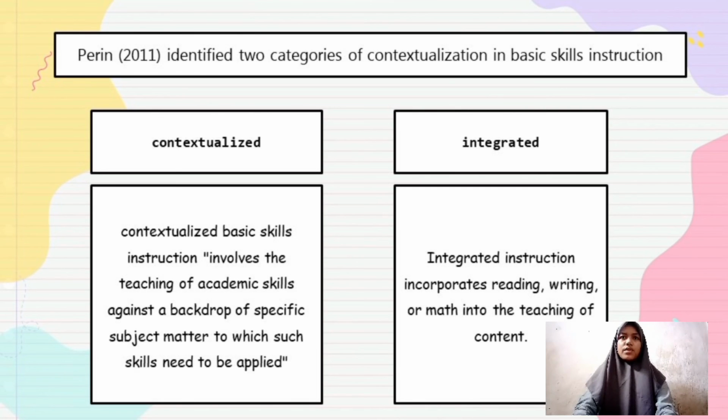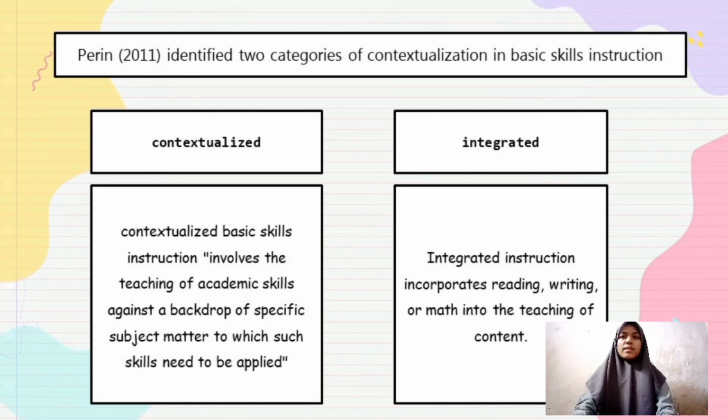The second category of instruction identified by Perrin was integrated basic skill instruction. Integrated instruction incorporates reading, writing, or math into the teaching of content. So, for example, by taking part in a writing session related to subject matter such as science, students are learning content and developing writing skills at the same time.